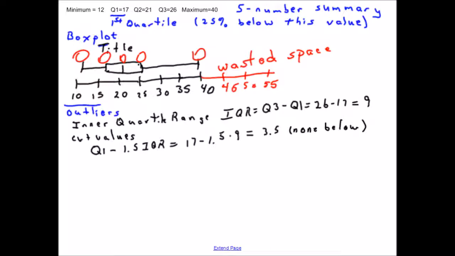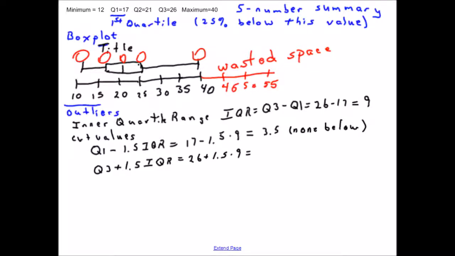For the upper cut value, Q3 plus 1.5 IQRs, interquartile ranges. That is now 26 plus 1.5 times 9.